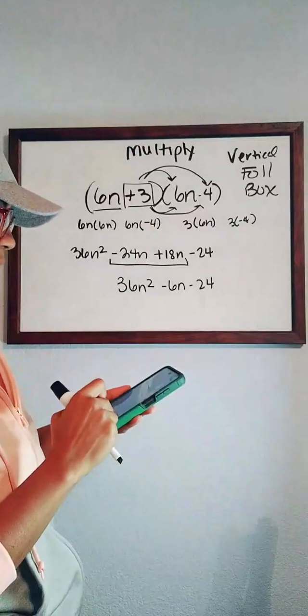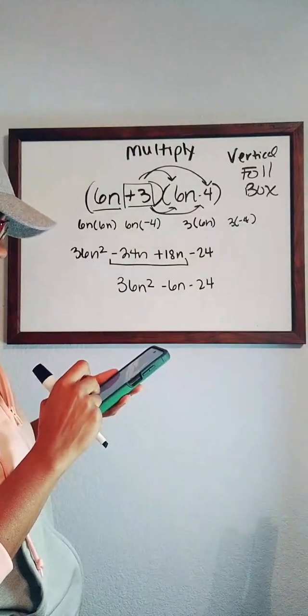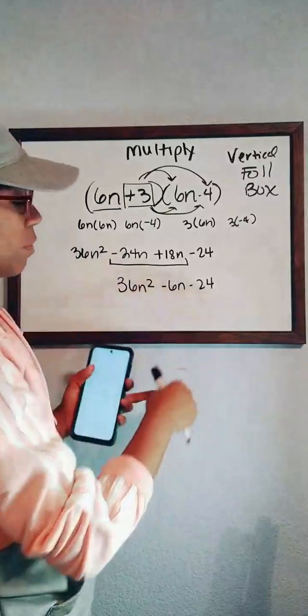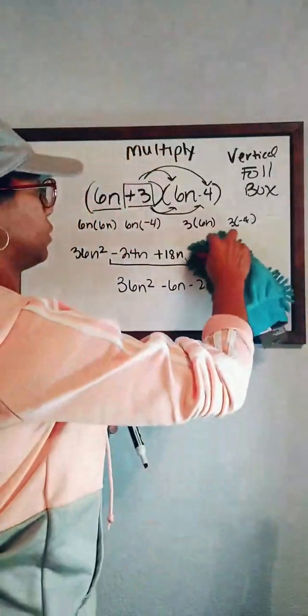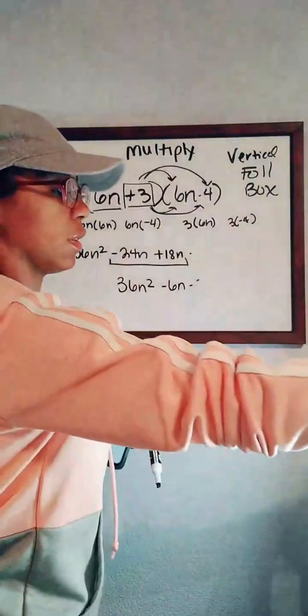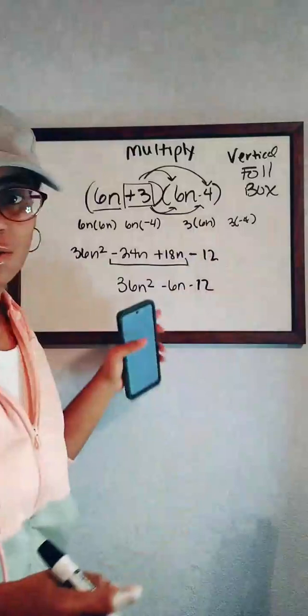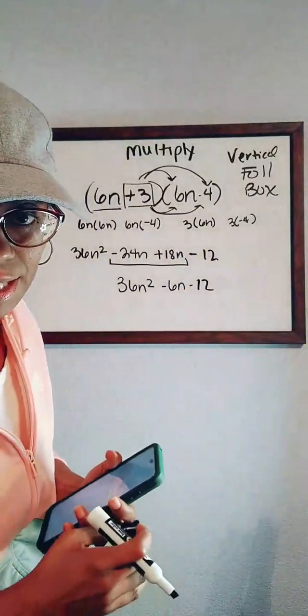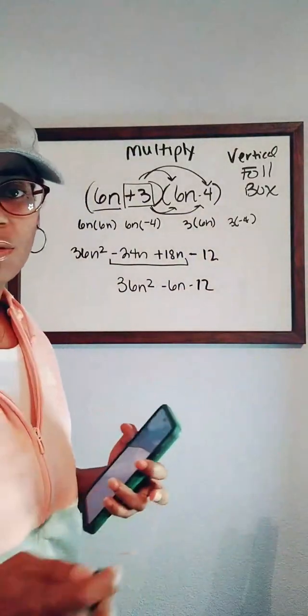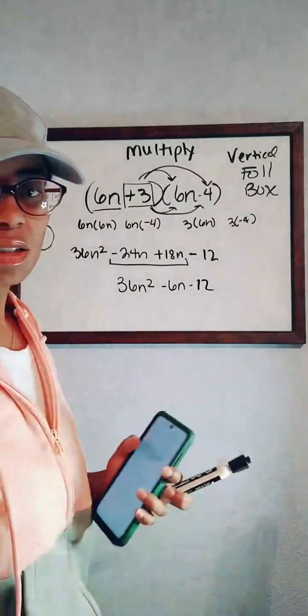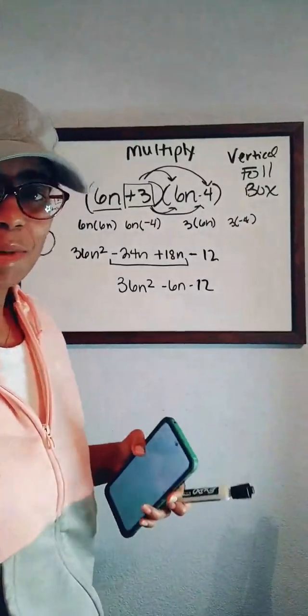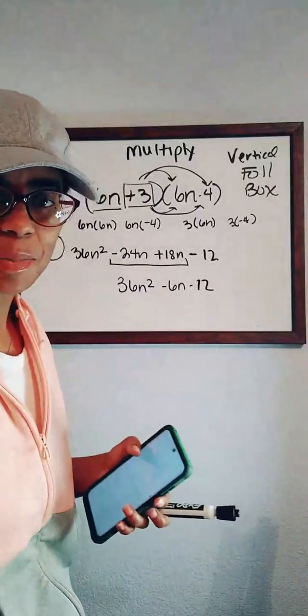I'll mess up something in a minute when I'm going too fast. Oh, my bad. I'm adding. I'm looking at the other problem. Yes, I thought you were talking about my adding. My bad. Thank you so much. See, everybody messes up. I've been teaching math for 14 years, and I still mess up.